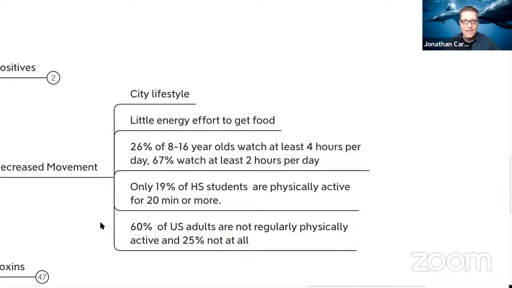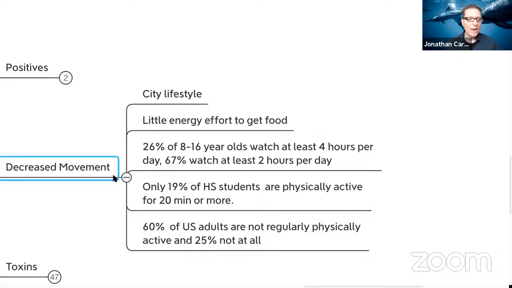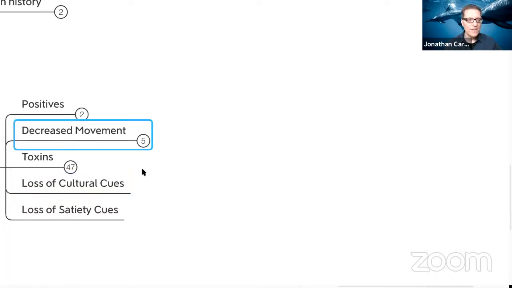So again, looking at this from a historical perspective, these stats, obviously, even before this lecture, would make you think how terrible it is. But now that we understand it from a historical perspective, it makes us realize how terrible and damaging this actually is, because it just doesn't fit with our biology in any way. And this is partly one of the things leading to the epidemic of diabetes and obesity.